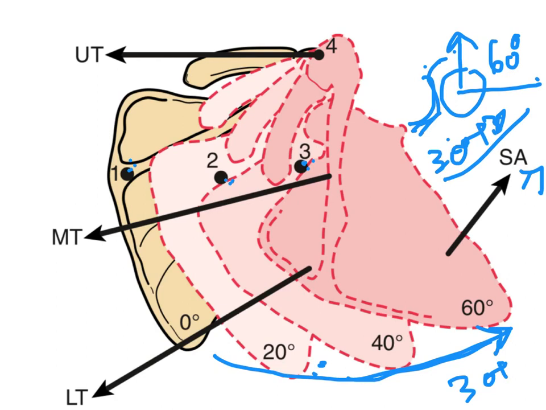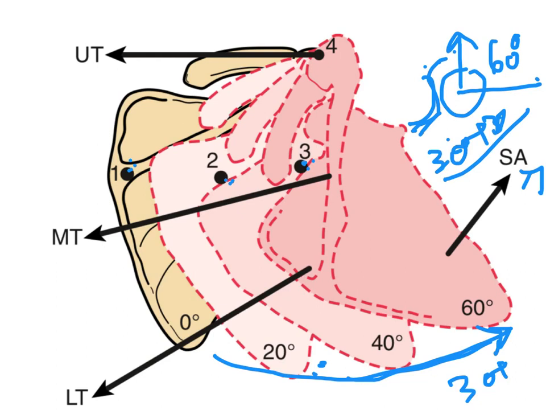One difference you have to note is that abduction in the frontal plane requires concomitant lateral rotation of the humerus to clear off the greater tubercle, to complete the range of motion of the humerus.